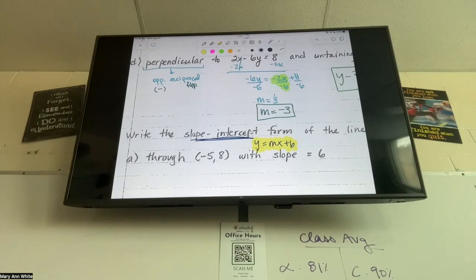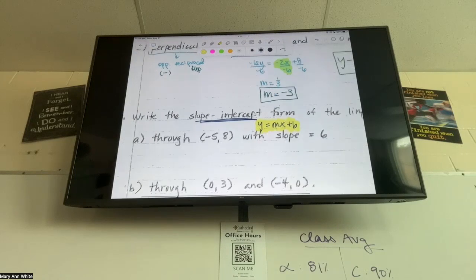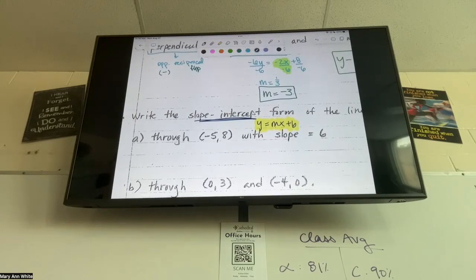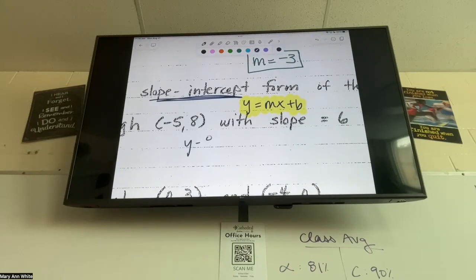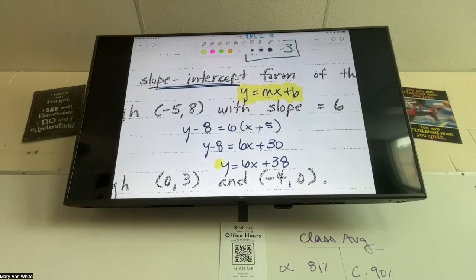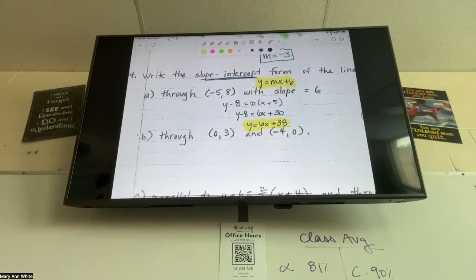That's what that slope intercept means. I'll have my answers highlighted, so I have letter A up whenever you need to check it.